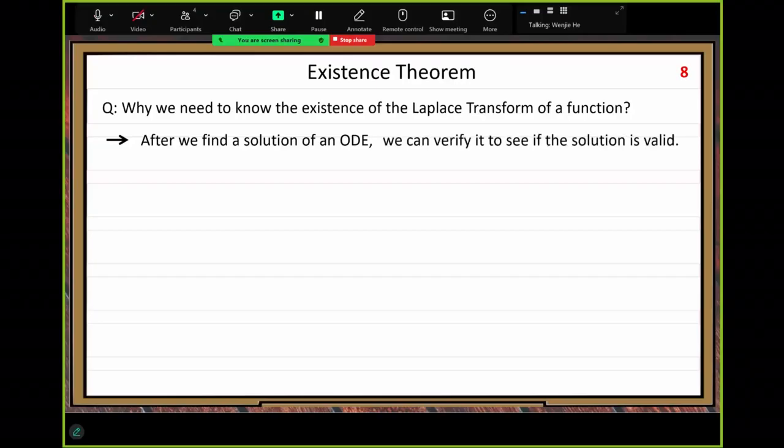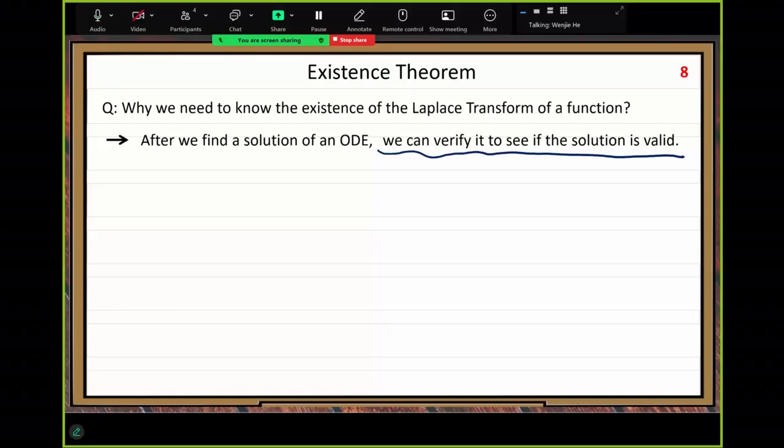Their argument is like this. After you apply the Laplace transform, you will get a solution of the ODE. In order to see if your solution is garbage or not, you can verify. You plug it into the original equation.